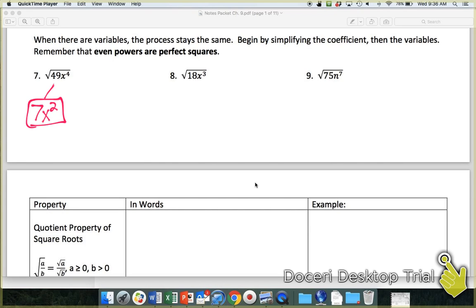Okay, so number 8. Again, you always want to break it into perfect and non-perfect. So what perfect square goes into 18? Do the number first. 9 times 2.